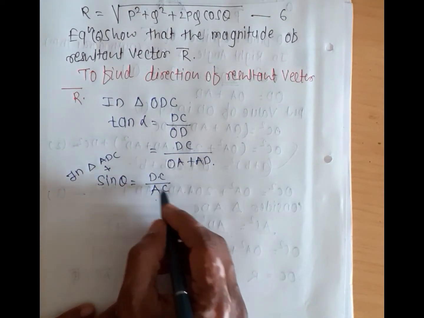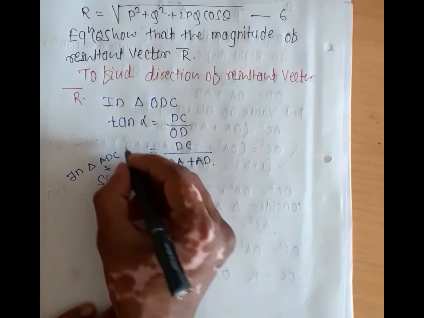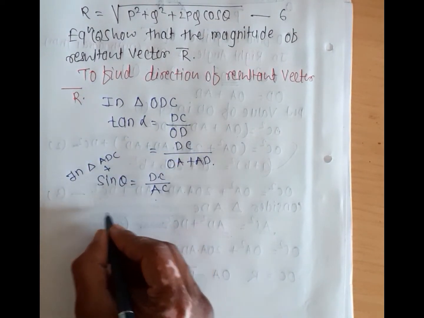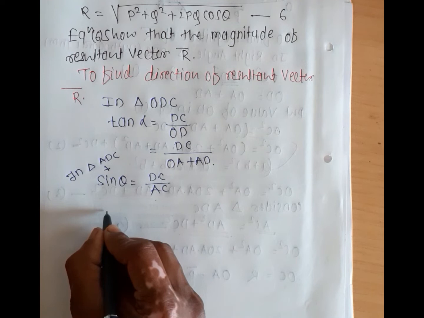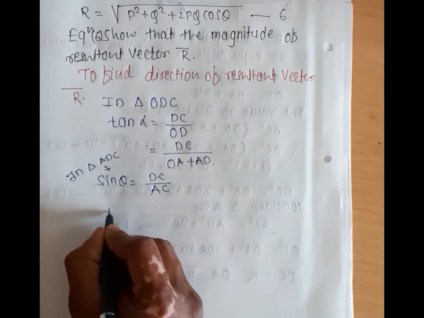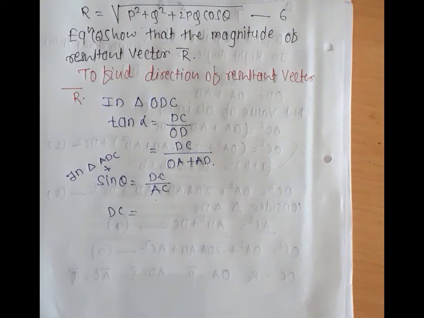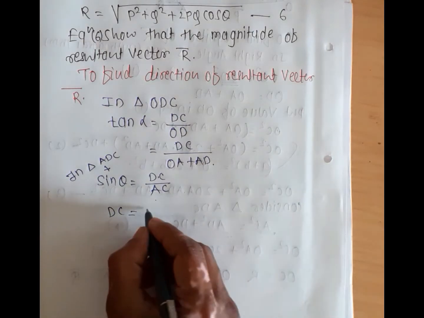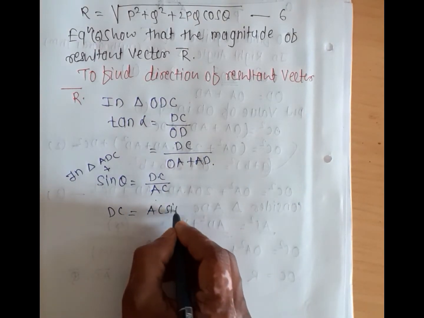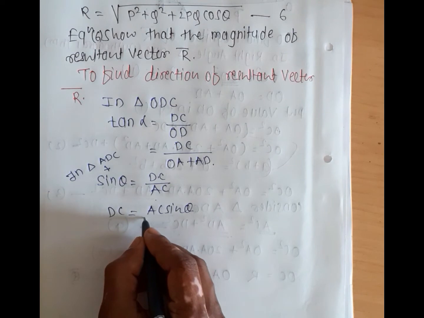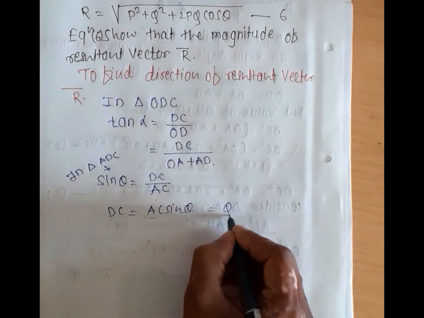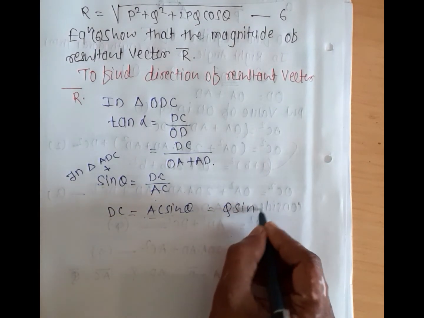Now using these relations we find the value of tan alpha. From sin theta, DC is equal to AC sin theta. But AC is Q, so DC is Q sin theta.